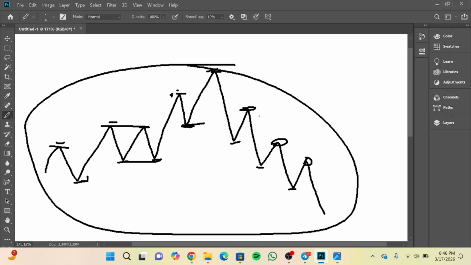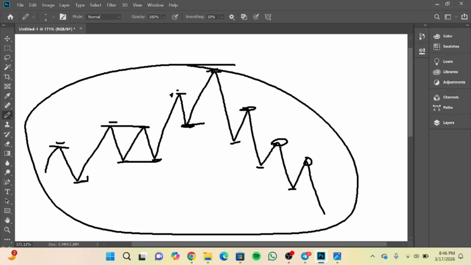Okay, so for those of you who got it right, you would notice that there is a series of lower highs. So for instance, this is a high, but then there is this high which is a lower high, and it is a lower high because it is a high point in the market that formed at a lower price than the last high.